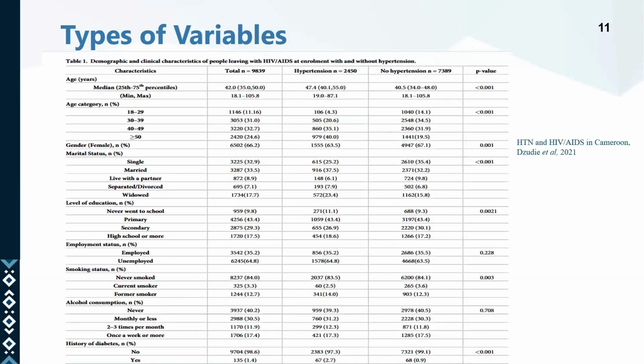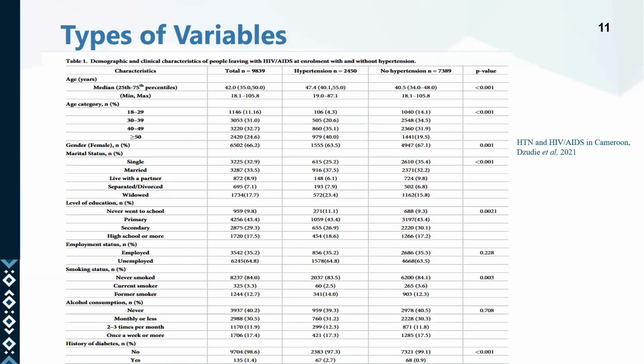So going to the same example we saw earlier on this paper, we can now look at this second column, whereby the number of hypertensive patients that fall within the first age group, for example, is 1,146. The number of hypertensive patients having their ages between 30 to 39 is 3,050.